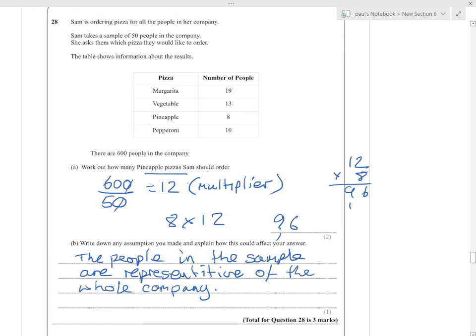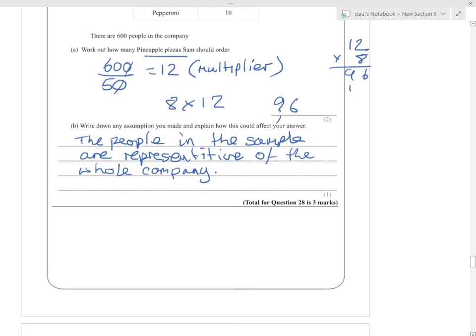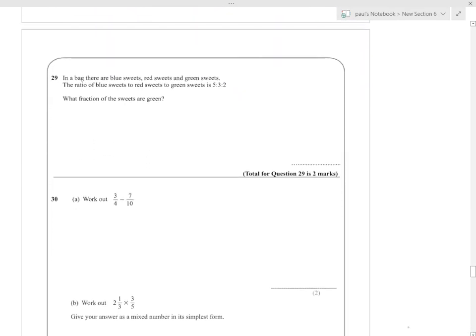If they weren't representative and you asked all the other people in the company and they all went, we like margaritas, they wouldn't represent the whole company. So, dangerous extrapolation.